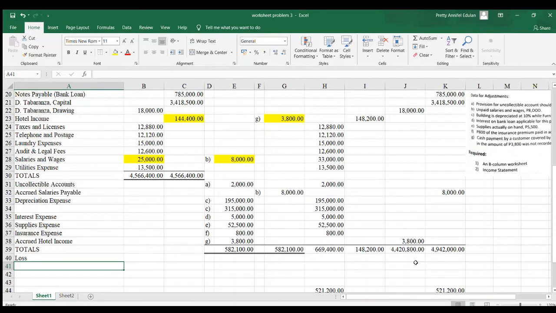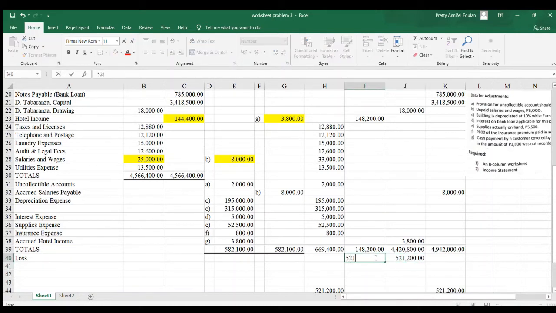If it's a net loss, what is the effect on the capital? It will decrease the capital. The normal balance of capital is credit. For it to be decreased, you write it on the debit side. For how much? That is 521,200. Since it was debited in the balance sheet, you will credit it in the income statement. Then let's see if this will now be balanced.